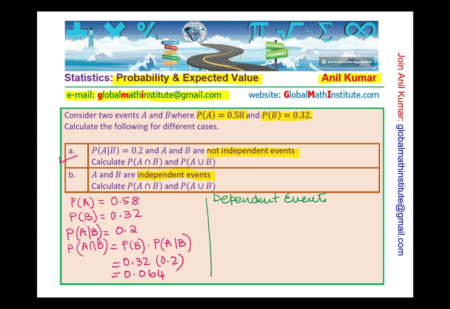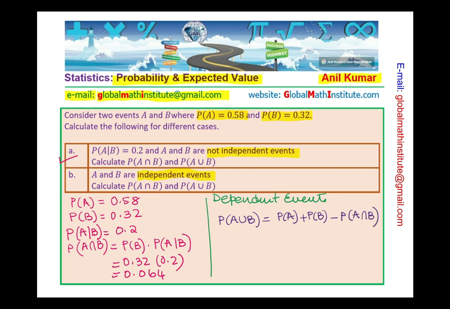What is the probability of A union B? So the probability of A union B is probability of A plus probability of B minus the intersection, probability of A intersection B. So that gives you probability of A, given to us as 0.58, plus 0.32 minus 0.2. Correct?